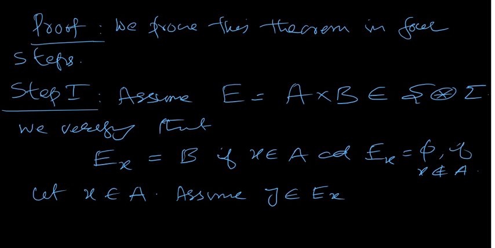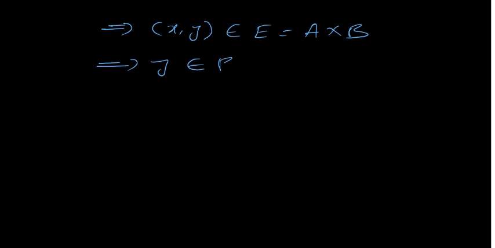What does it mean? It means that x comma y belongs to E by definition of E x. So this implies x comma y belongs to E, which is equal to A cross B. That implies y belongs to B, which implies that E x is a subset of B.